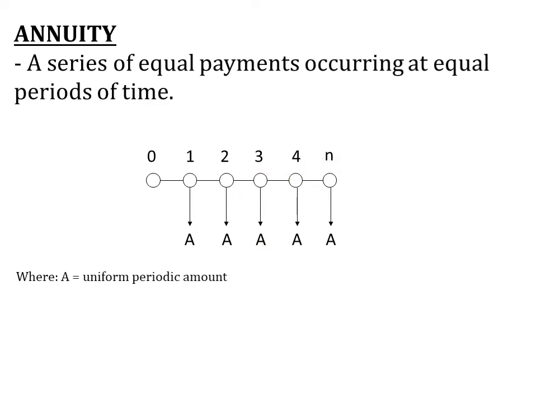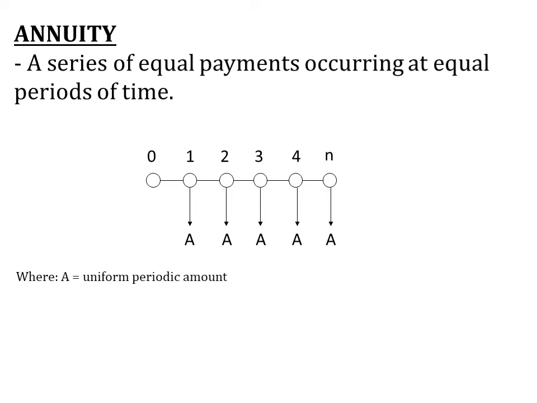Now, let's say this is a payment, for example a borrowed amount. For annuity, on the first interest period, there is a payment A. The second period, there is a payment A. Third period, there is a payment A. So annuity is basically just equal payments or equal deposits occurring at equal periods of time.